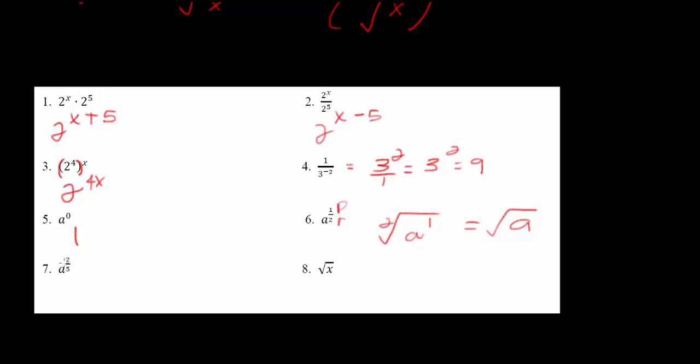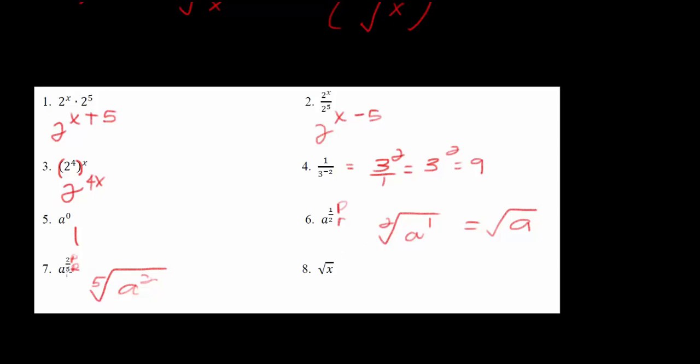This is another PR problem. Write PR beside it if you need to. And this is the 5th root of a squared. And the square root of x just wants us to transform it. It's really simplified just like that, but we could reverse that PR rule that I showed you in examples number 6 and 7.